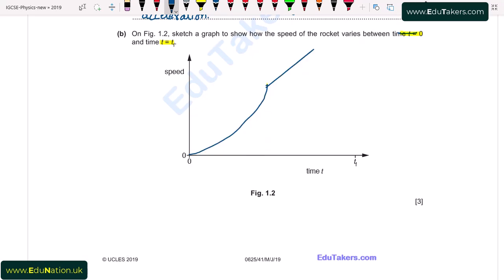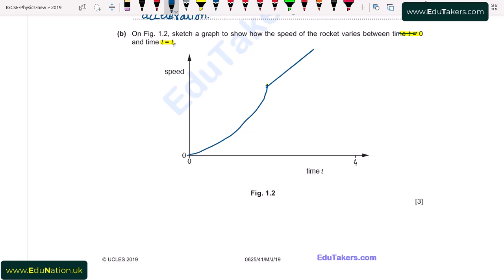So this curve shows that on the speed-time graph, the acceleration is constant but its speed is uniform. So this graph is a complete representation of the acceleration-time graph.